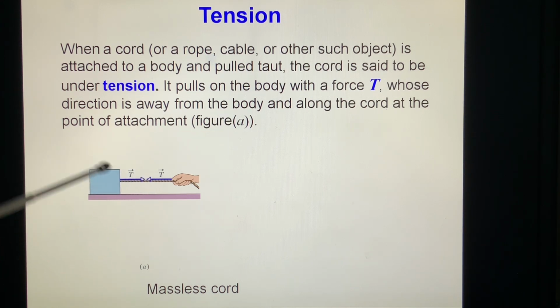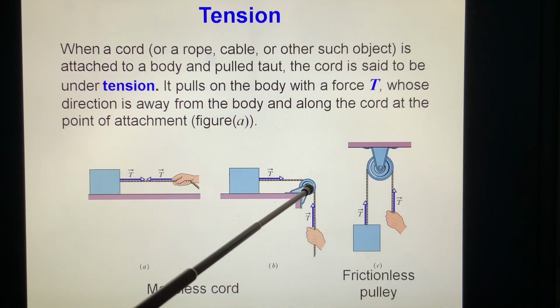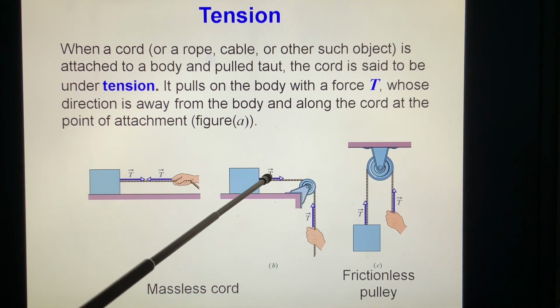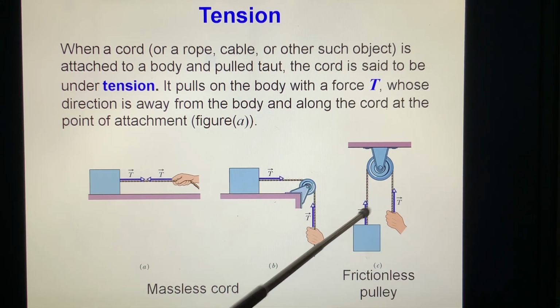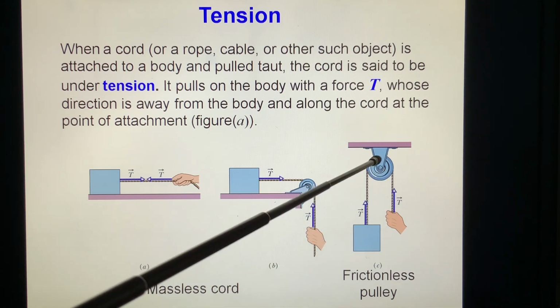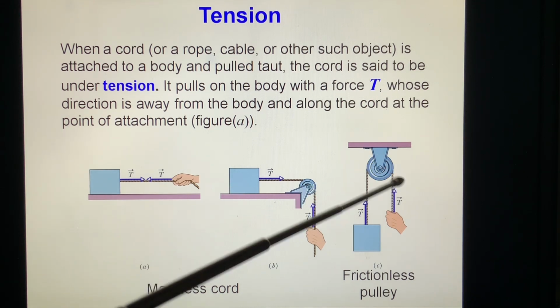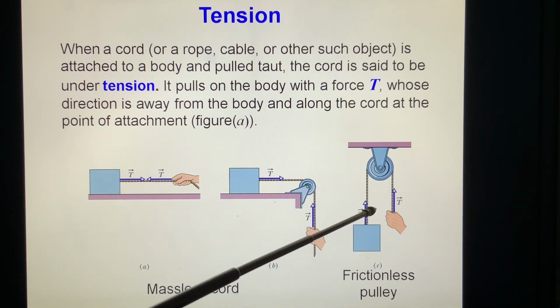Those directions are always away from the body and along the cord at the point of attachment. The cord is massless in our study. Then you see you have a pulley. This tension is equal to this tension because they are frictionless, okay, and they're light. If they are not frictionless, not light, that would be different.